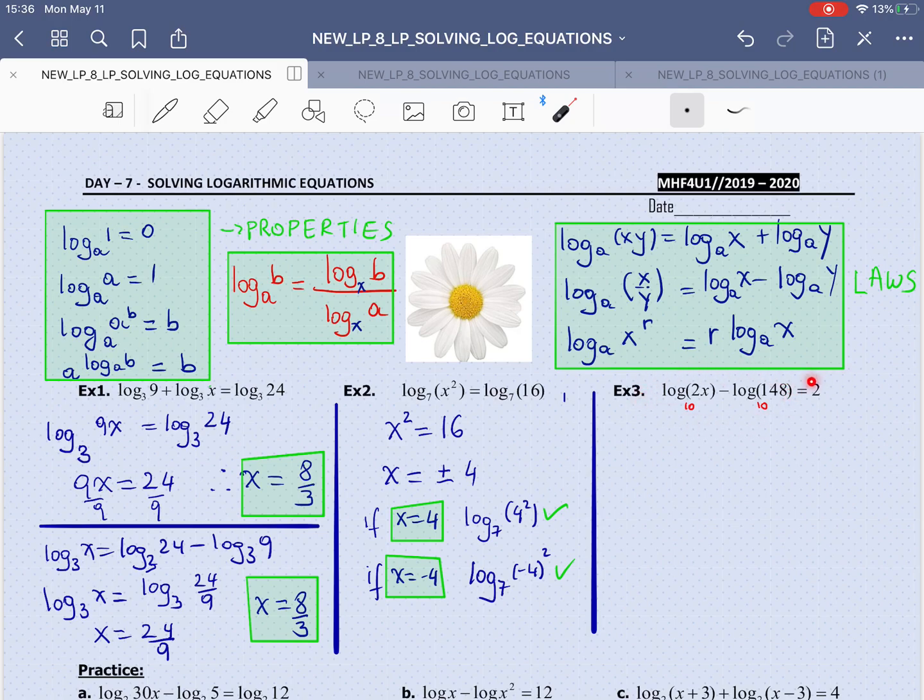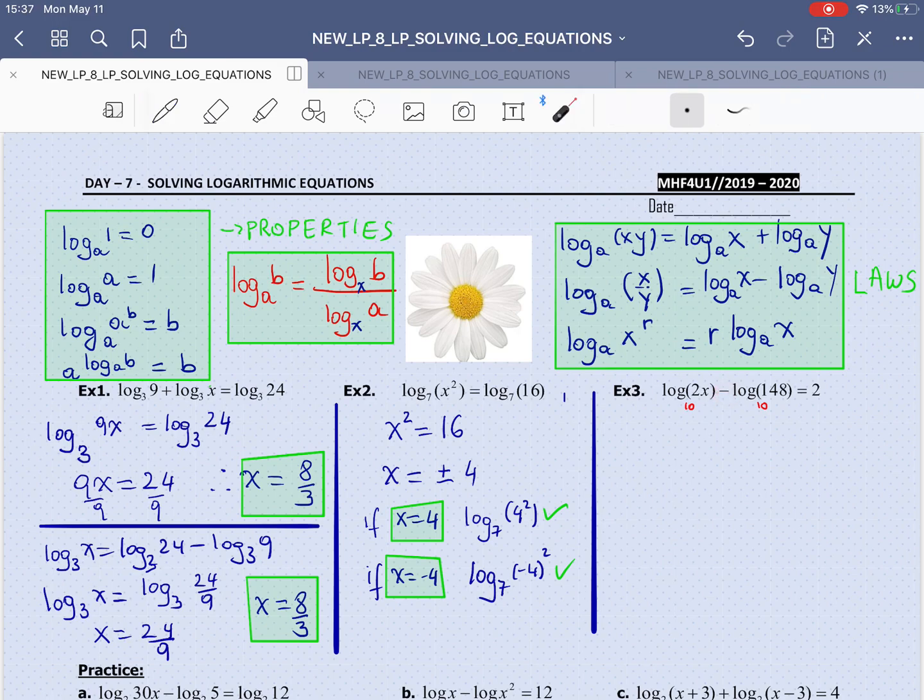When this happens, meaning when we have a combination of log and normal numbers or normal terms in a log equation, then what we do is we combine all the log terms together and we leave the numbers or the normal terms on one side of the equation, together.